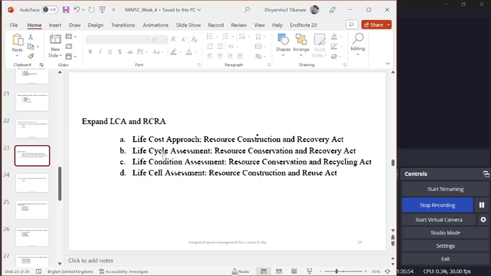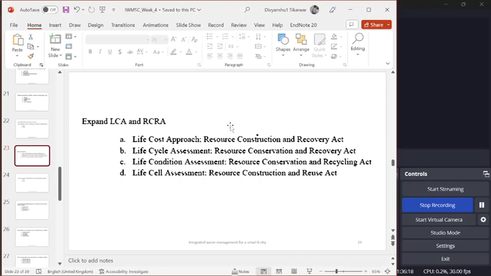Based on the boundary, we assess how much damage a particular process can cause to the environment in terms of global warming potential and eutrophication potential. Those are midpoint indicators.